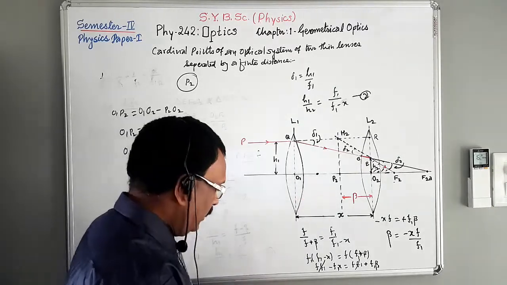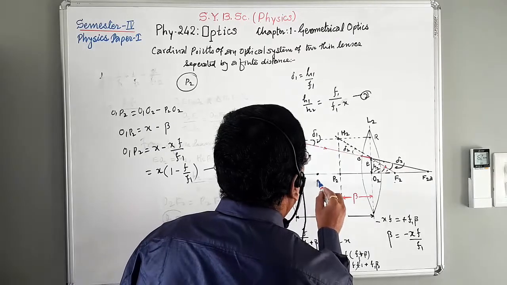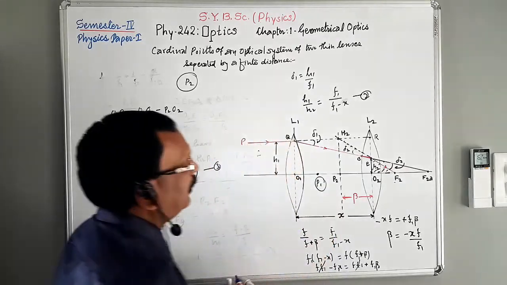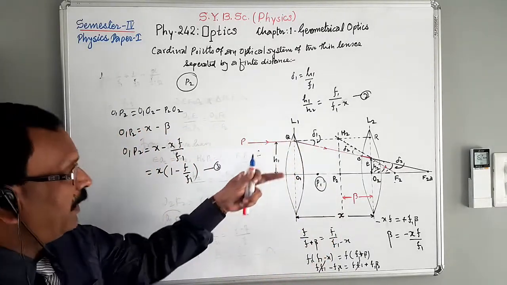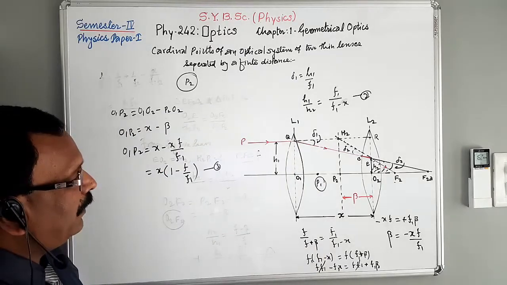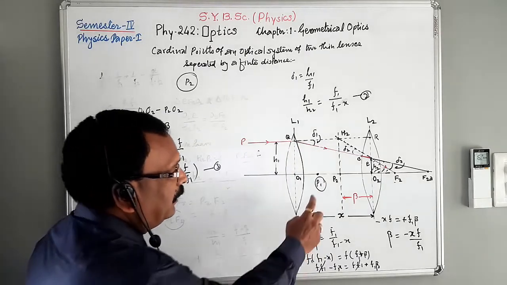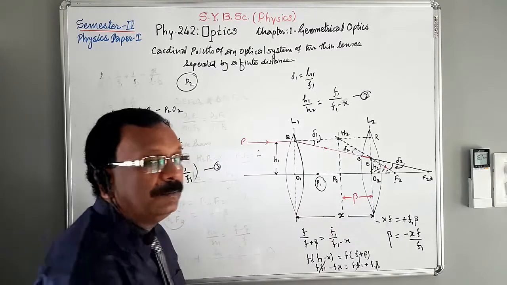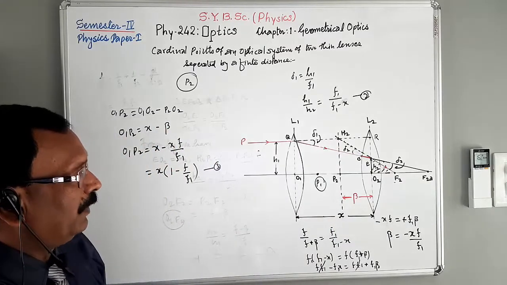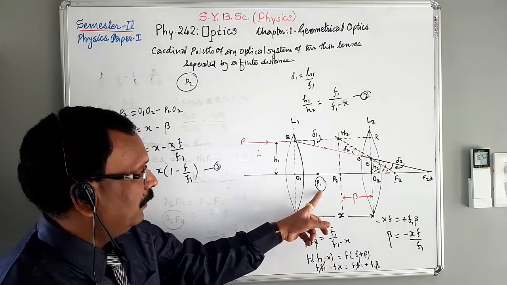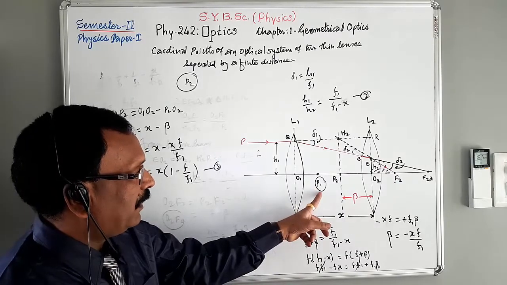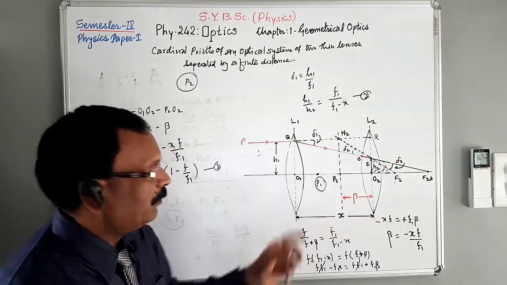of principal point P1 here. For this purpose, again we have to make some changes in this figure, and we have to obtain the value of the position of P1, that is the distance of this point from this lens and from this lens.